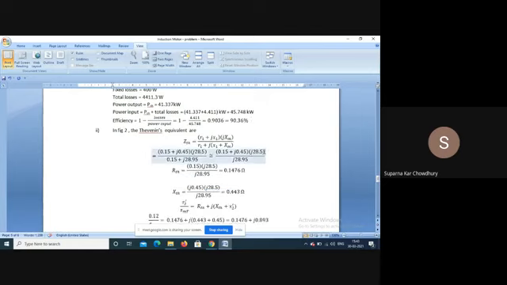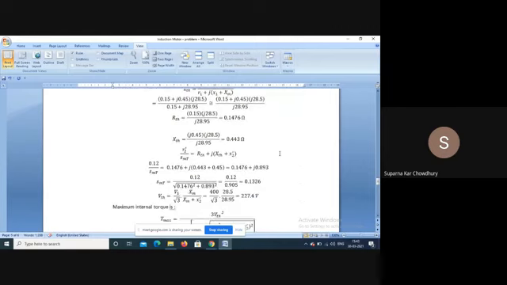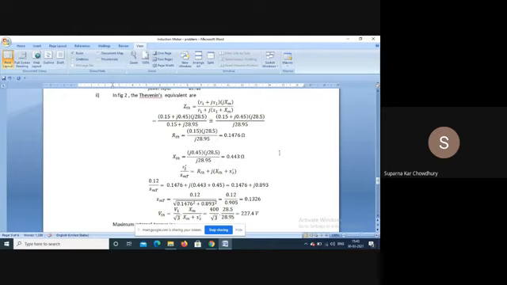Now this equivalent circuit I have not drawn here. This is the Thevenin equivalent circuit which we developed during the derivation of maximum torque. So if you refer to your circuit, Z Thevenin was defined as the stator impedance in parallel with the magnetizing reactance. So that is R1 plus jX1 in parallel with jXM.